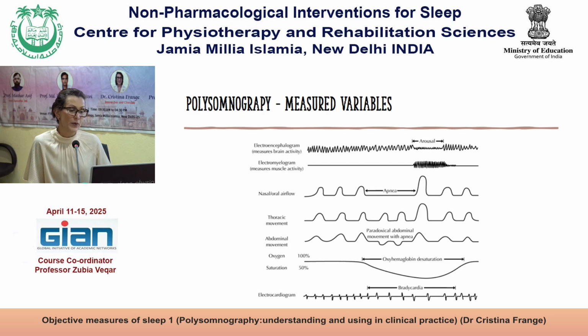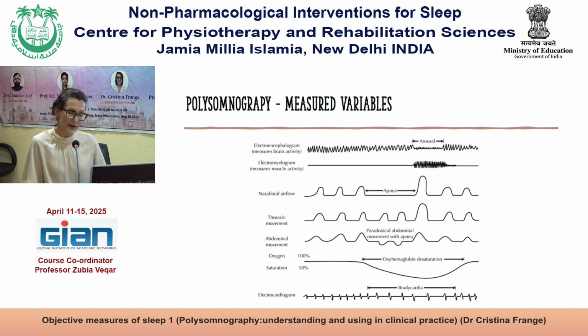The nasal airflow, we will have like this stopping breathing here that will be an apnea. And when we have an apnea, we will see a paradoxical movement. Sometimes we have this movement down here that is captured by the abdominal belt.